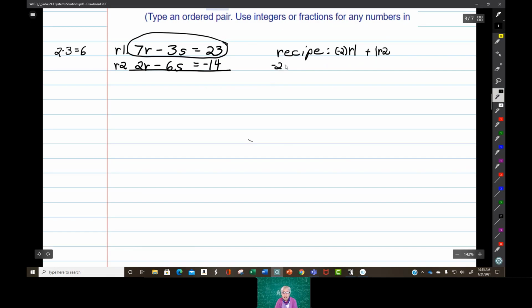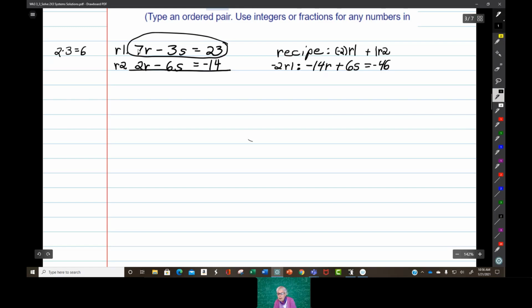-2 times row 1 will give me -2 times +7 is -14R. -2 times -3 is +6. And that's going to be the S term, so +6S. And -2 times 23 is going to equal -46.